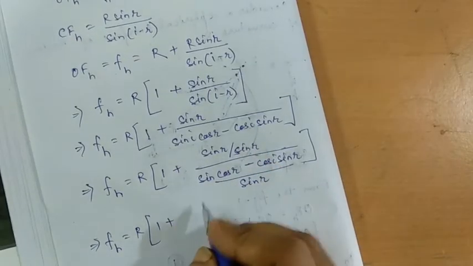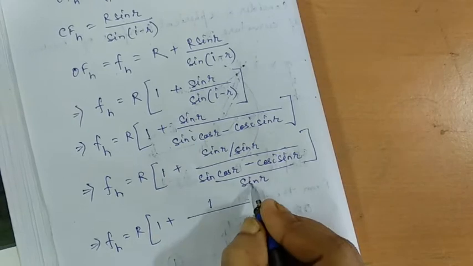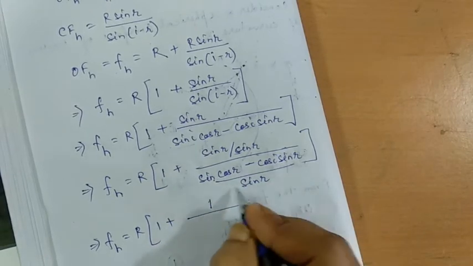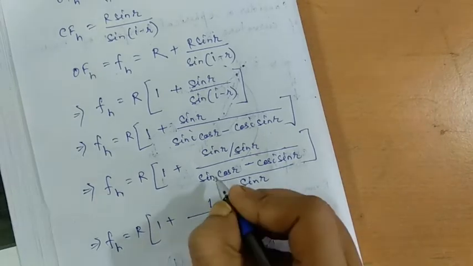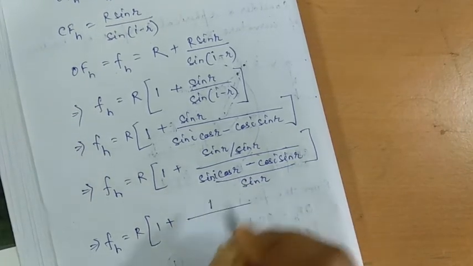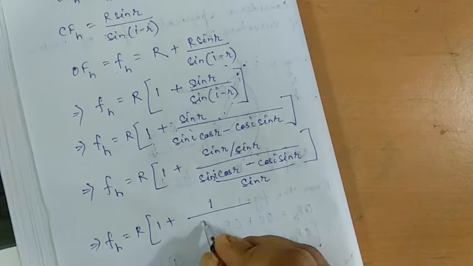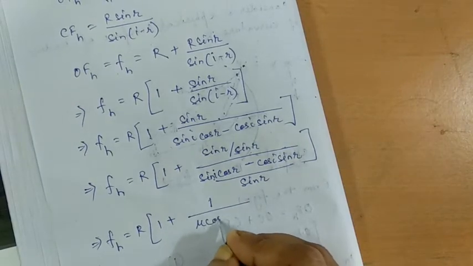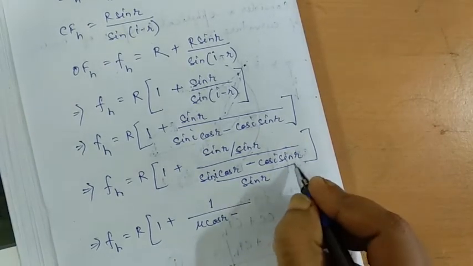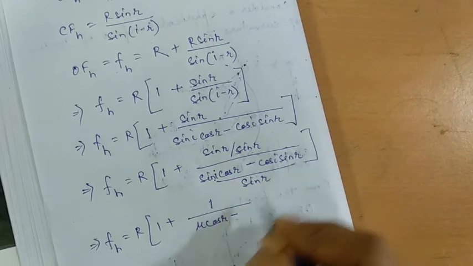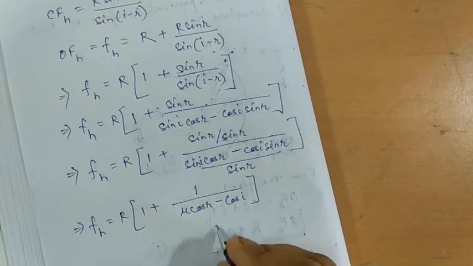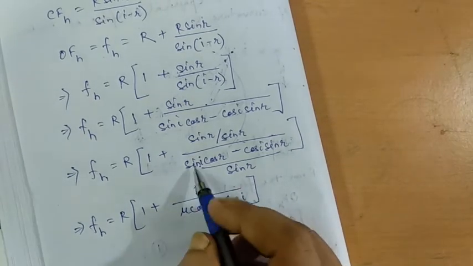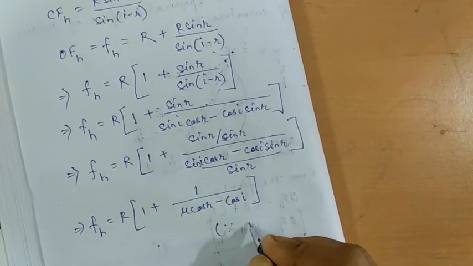When you simplify this, you will get FH equals R into 1 plus 1 by, now divide individually with the terms. So sin I cos R divided by sin R gives you mu cos R, minus, in this case sin R gets cancelled, so you get only cos I. The reason is that sin I by sin R equals the refractive index of the lens from Snell's law.